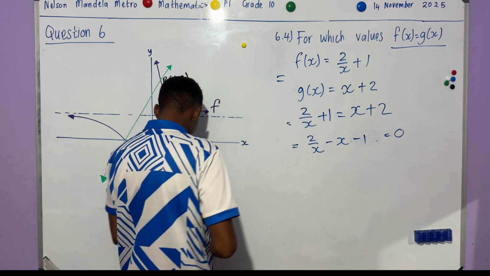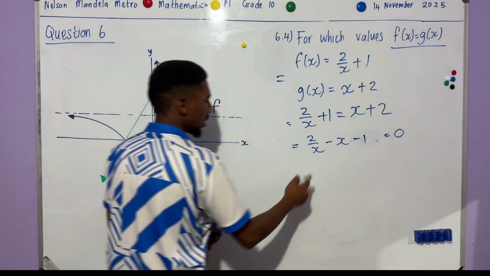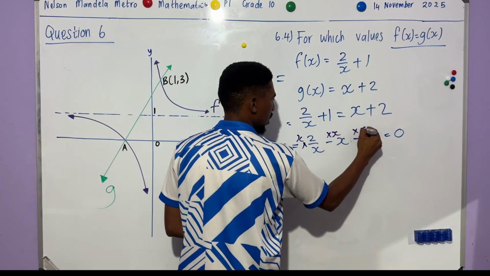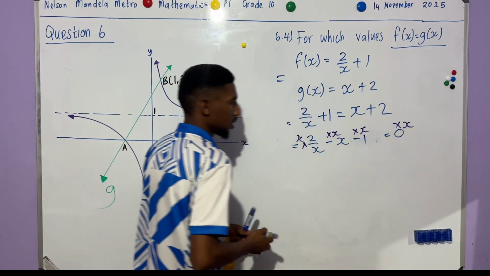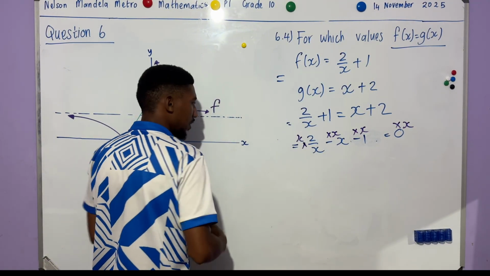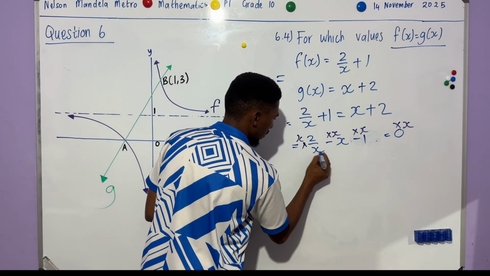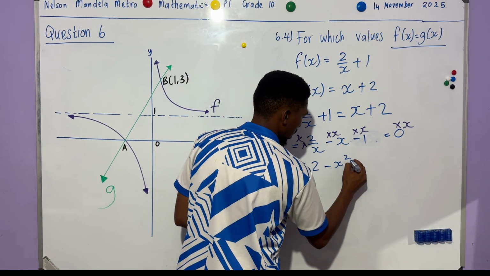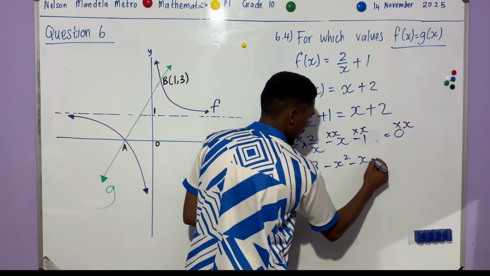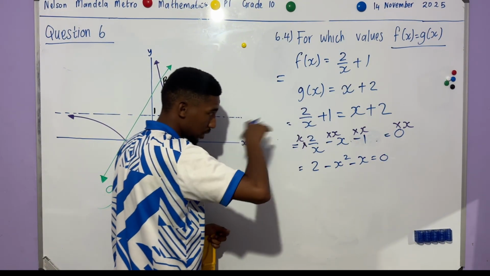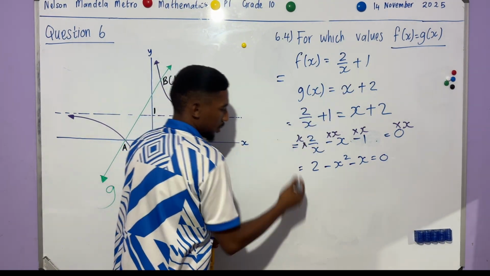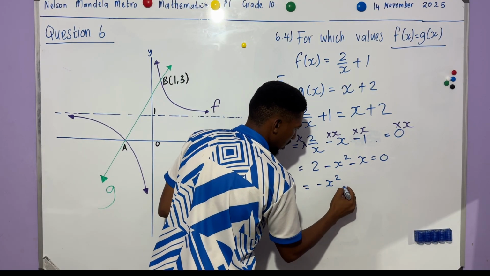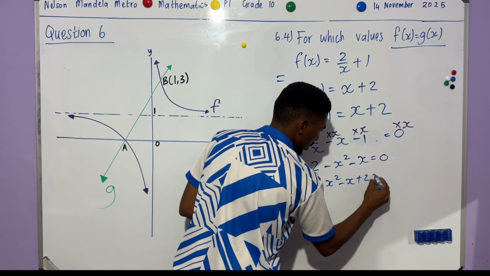Then I'm going to multiply everything by x, because I'm not happy with this. I have to do it to every term, but it doesn't affect the right-hand side. So this cancels. I have 2 minus x squared minus x equals 0, because x times 0 is still 0. Then I rearrange the order: minus x squared minus x plus 2 equals 0.